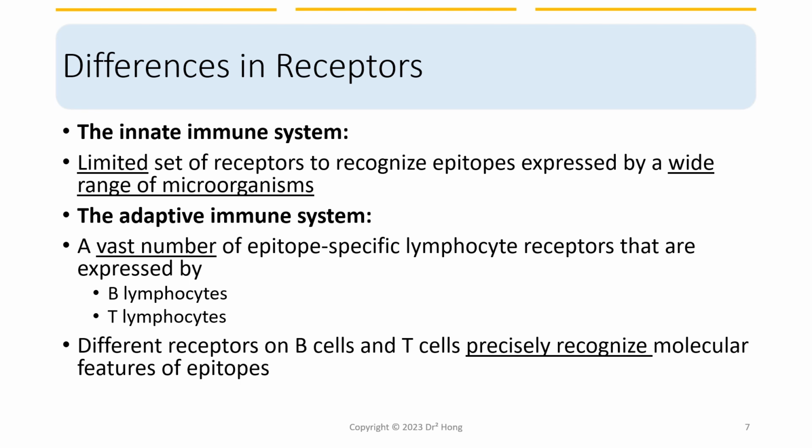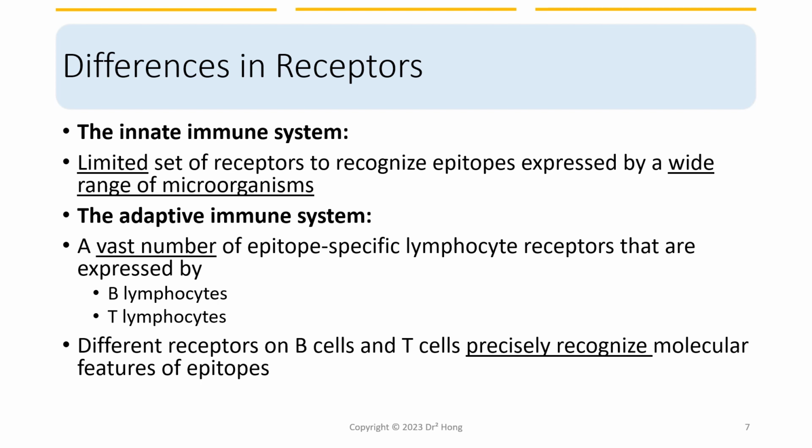The adaptive immune system can recognize a vast number of epitopes expressed by different pathogens, mostly by very specific lymphocyte receptors expressed by B cells and T cells.